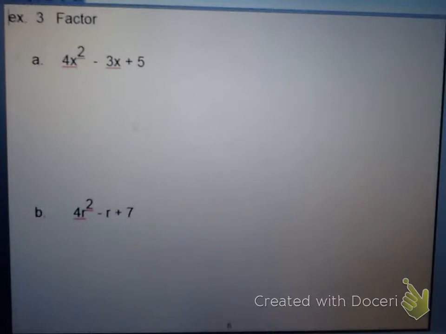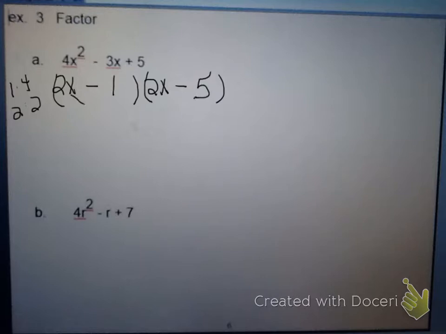Example 3a. Make your two binomials. They're both going to be negative. Factors of 4 are 1 times 4 and 2 times 2. I'm going to try the 2 and the 2 first, so 2x and 2x. Factors of 5 are 1 and 5. My outside is a negative 10x.